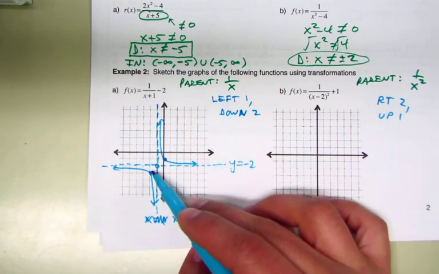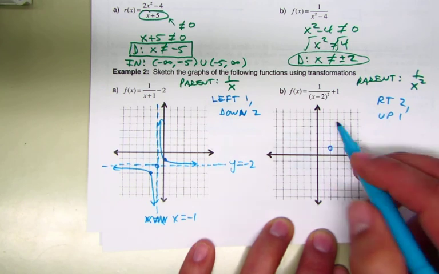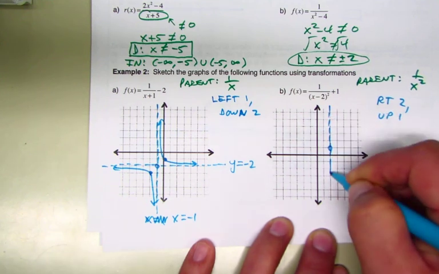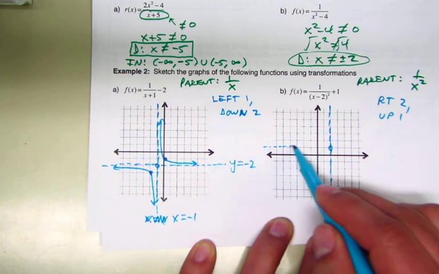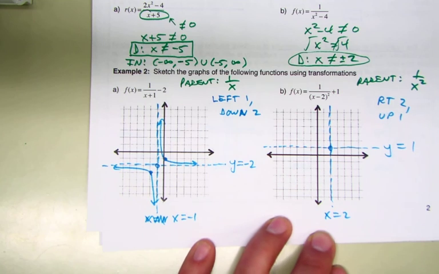Same thing with this graph. If I move right 2 and up 1, now this point right here is the intersection of the asymptotes. So we have a vertical asymptote at x equals 2 and a horizontal asymptote at y equals 1.